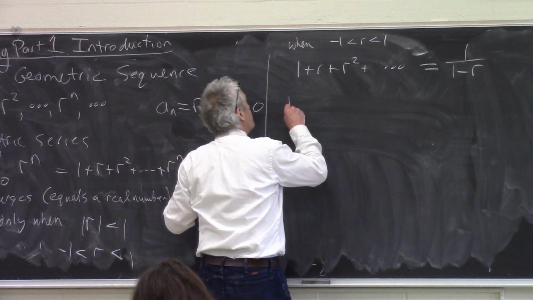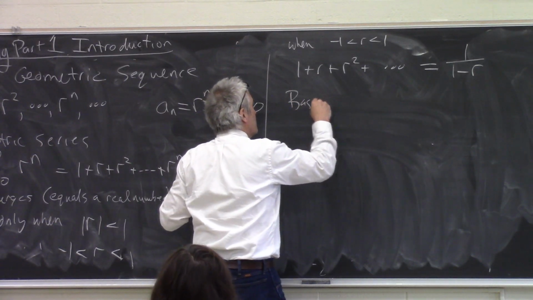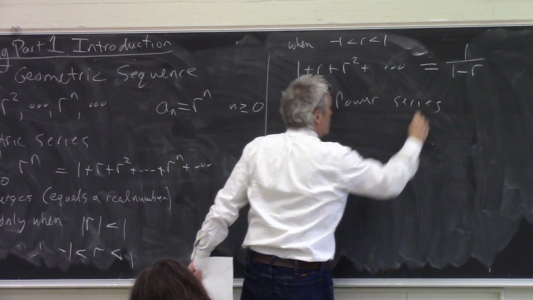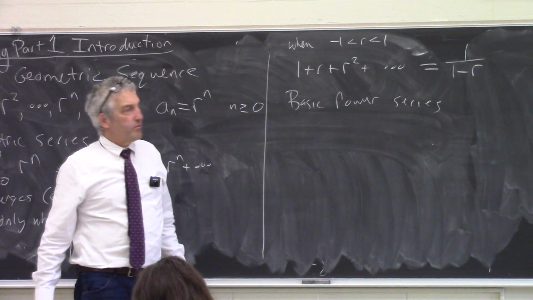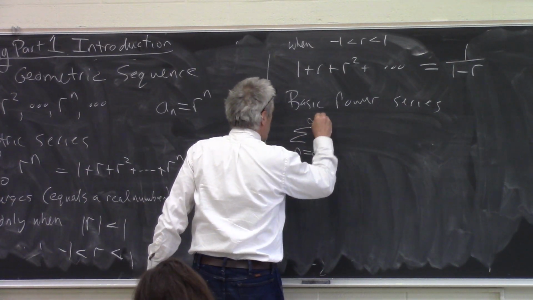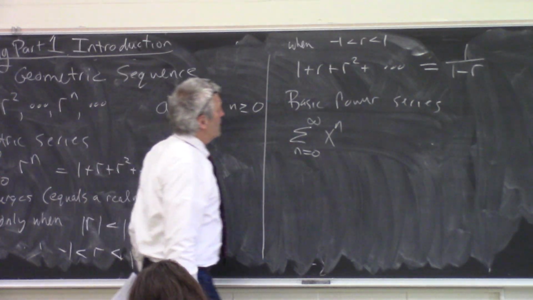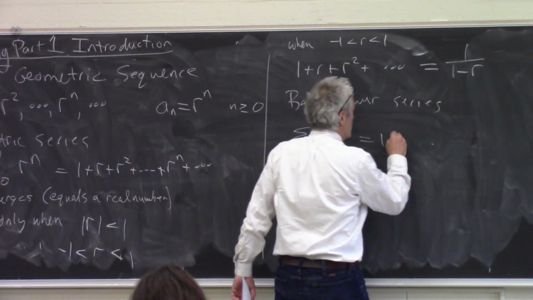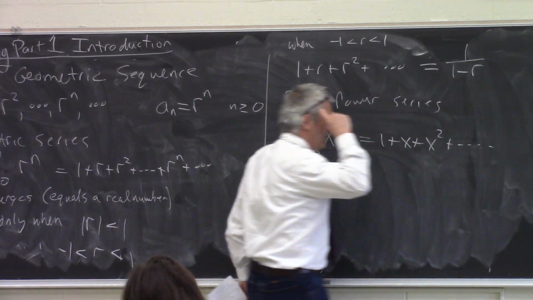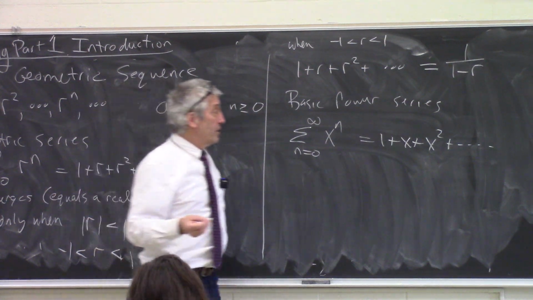Well, now the corresponding power series, we just replace those r's with x's. So we're going to have 1 plus x plus x squared, and this converges when the absolute value of x is less than 1.